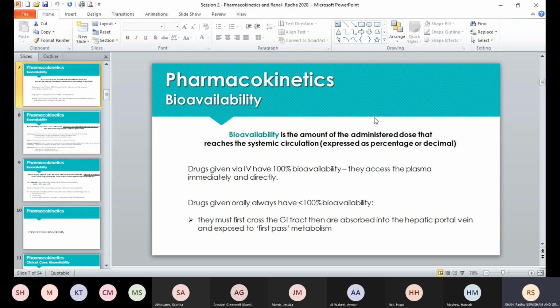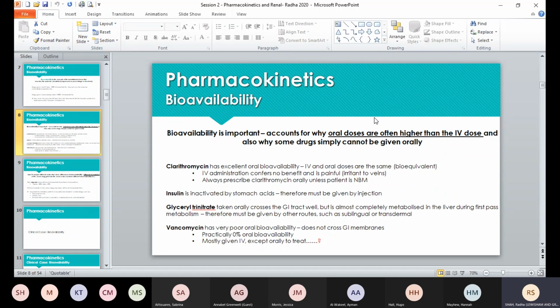And when it's absorbed, it will go into the hepatic portal vein, and all of this is called first pass metabolism. So it's not just straightforward that you give them the drug and it goes straight into the blood. It has to cross several membranes, and the most common is first pass metabolism, and that happens when you give a drug orally. And that's why you don't have 100% bioavailability.